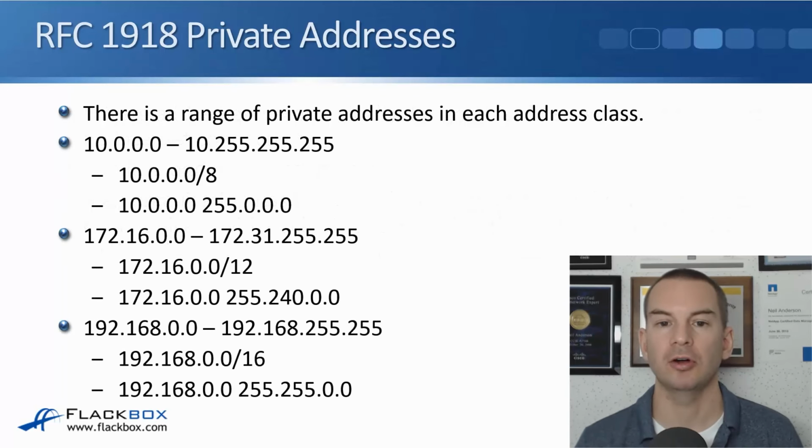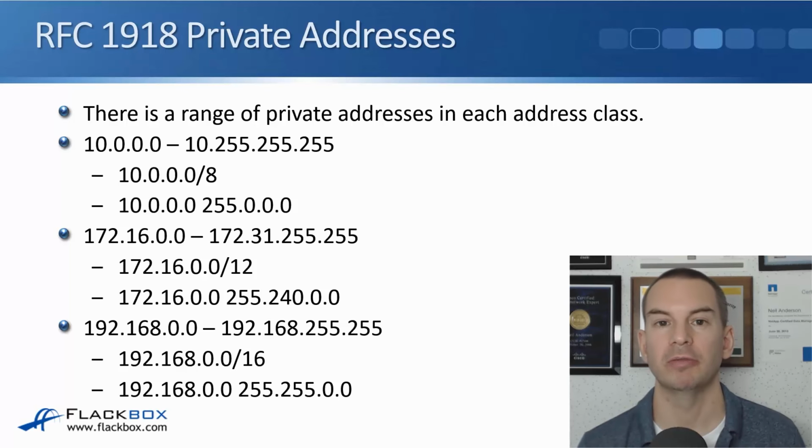There is a range of private addresses in each address class, A, B, and C. Our range in class A is 10.0.0.0 to 10.255.255.255, which can also be written as 10.0.0.0/8. The range in class B is 172.16.0.0 to 172.31.255.255.